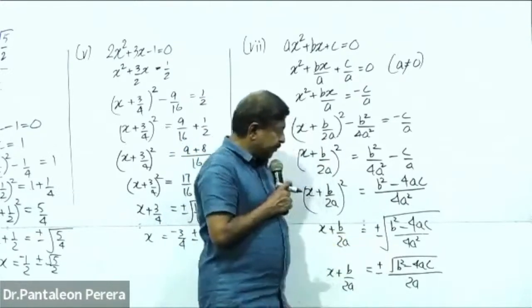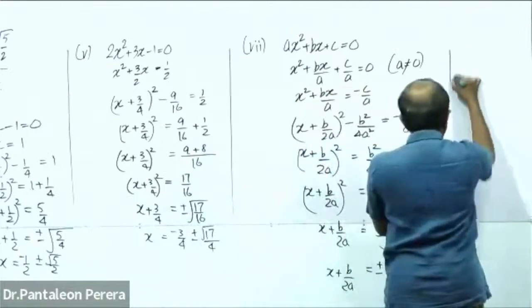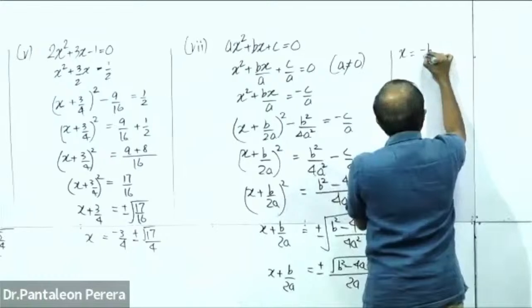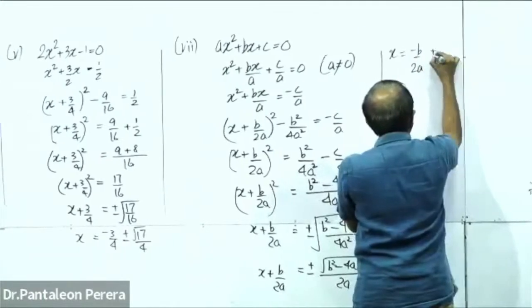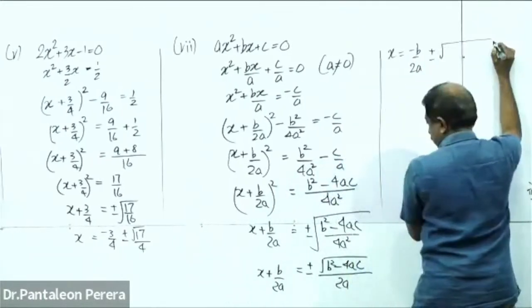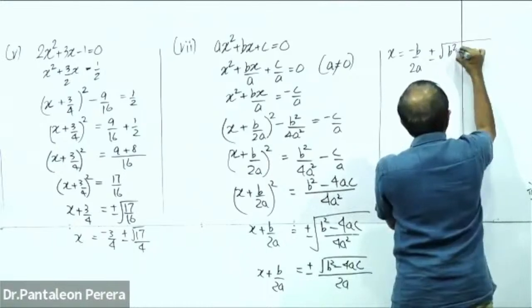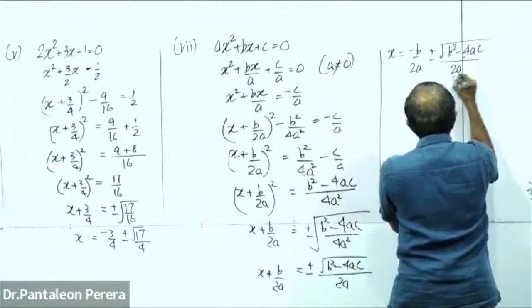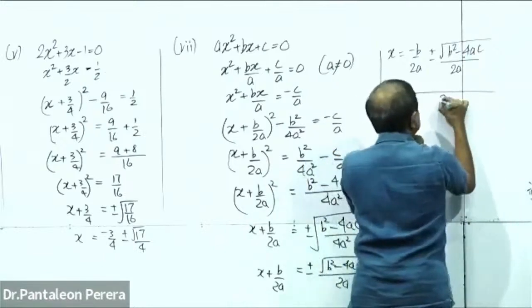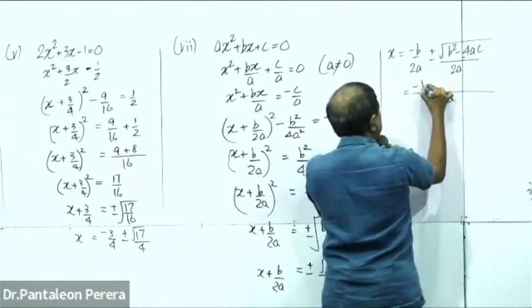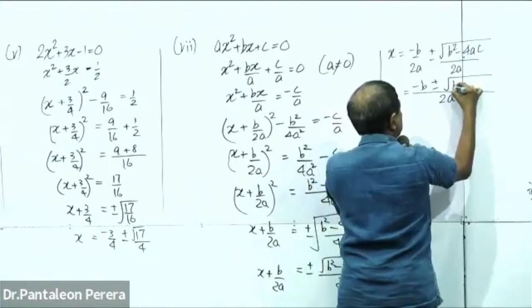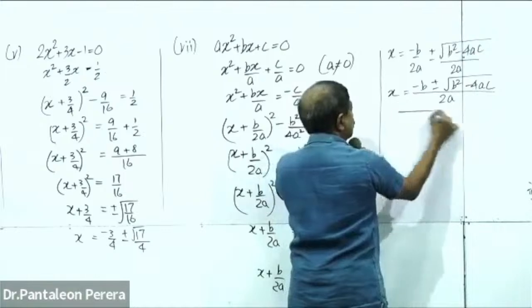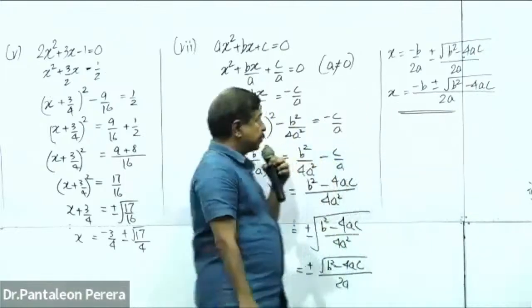Now take this to the other side. Now take 2a as the common denominator. So you will get the quadratic formula if you do that.